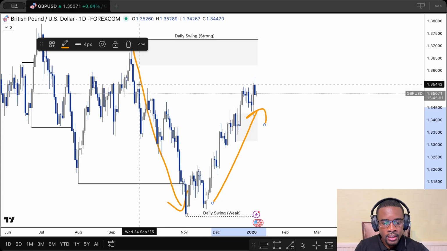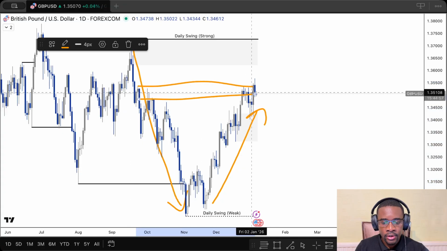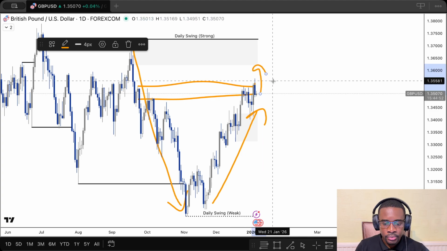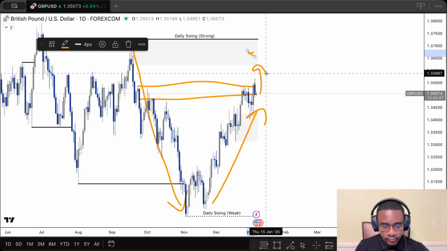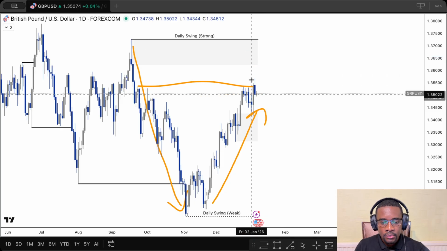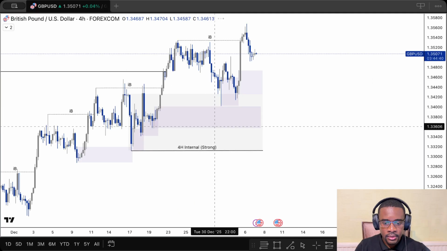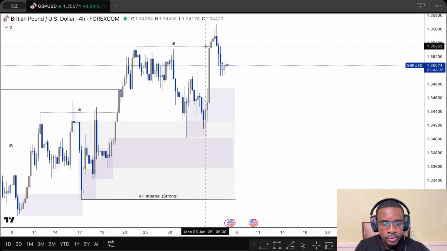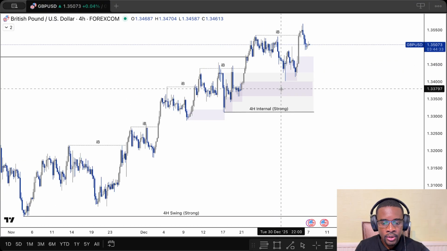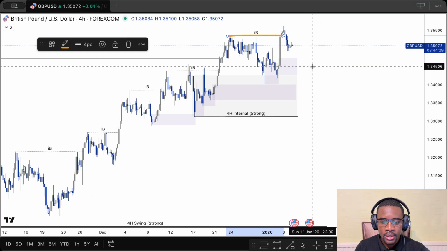We did mitigate the supply, which was then violated, and so our expectation is that price will continue bullish to mitigate this extreme supply at the end. That was the bias yesterday. Once we had our 4-hour swing break of structure, we then had an internal break of structure bullish.